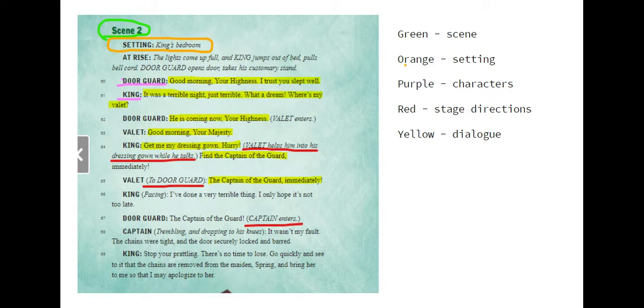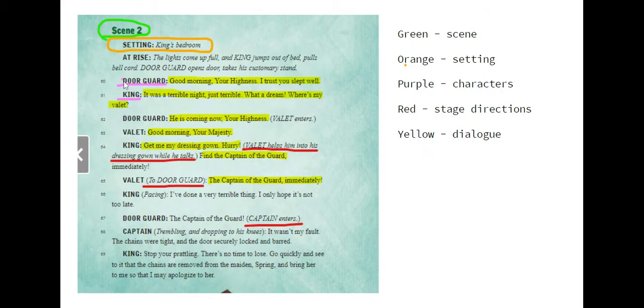So we have the door guard, a king, valet, a captain, all characters on this page in the play. So when we're reading it, if you look, we have what's highlighted in yellow. It's called dialogue. Can you say that word with me? Dialogue.